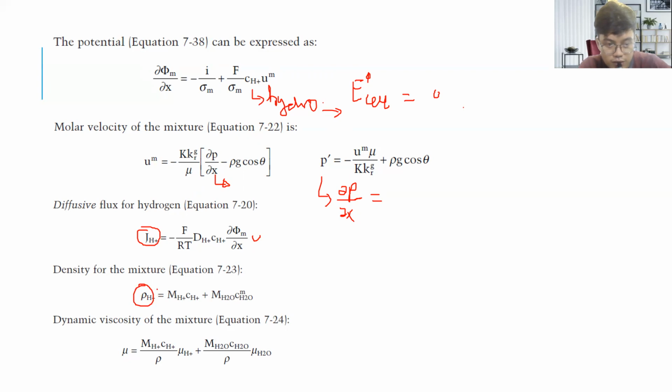The next one is the density of the mixture. The density of the mixture we have to calculate because we have a mixture of water and hydrogen. So we have to calculate the mixture concentration, and it contains water and hydrogen. So the density is mass over volume.